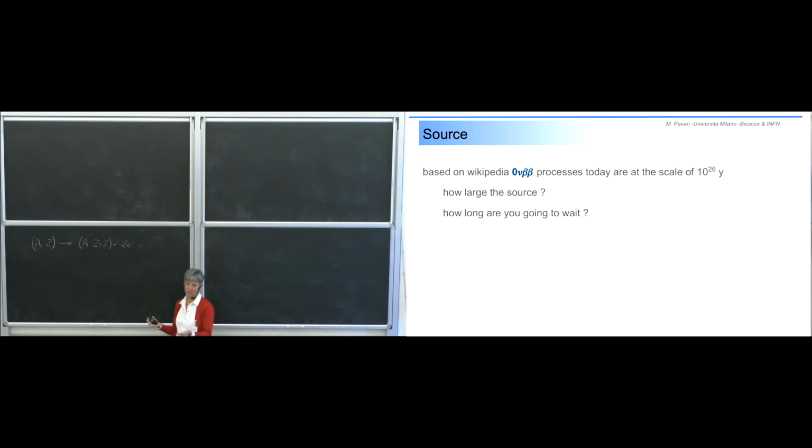Now we quote the sensitivity of the experiment on the basis of 10 years, okay? And the reason is that the decay is rare and we are not able to use such big sources to be able to see tens of decays a year.